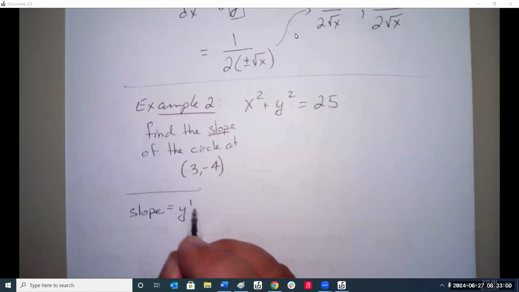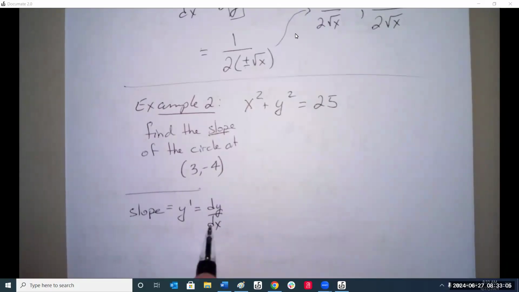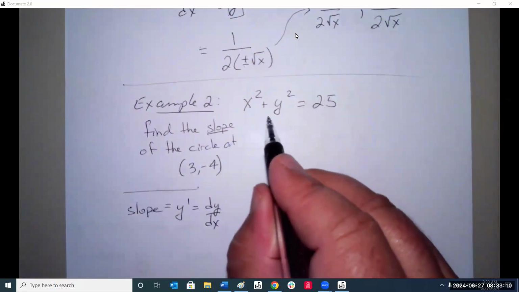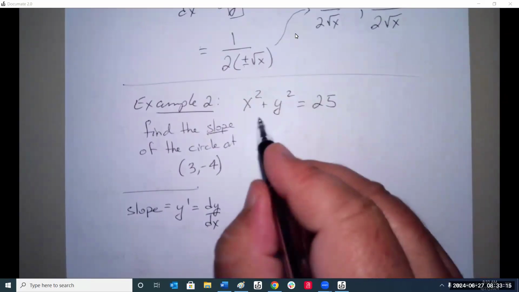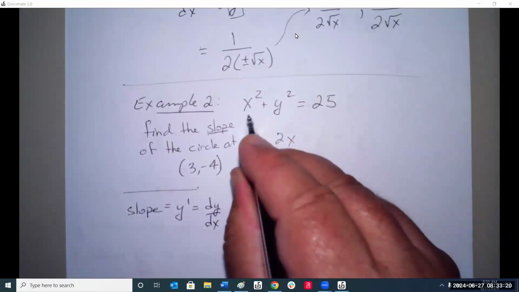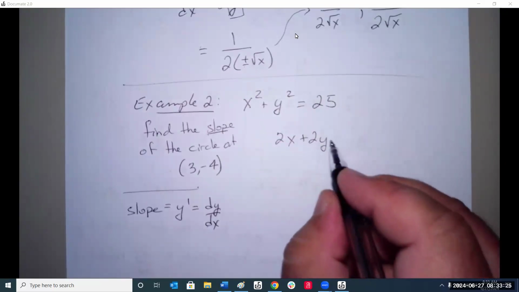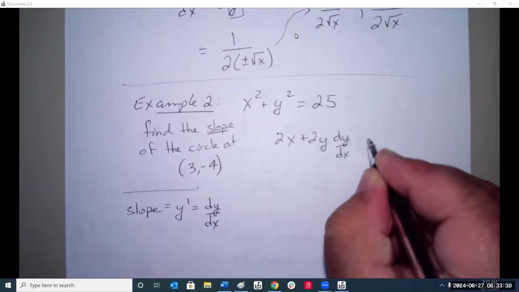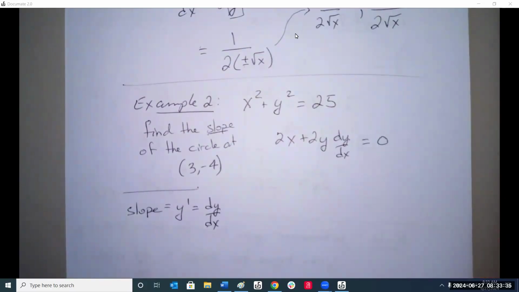The slope is the first derivative, or dy/dx. So that's what we have to solve for. Let's look at this equation and solve for dy/dx. Take the derivative of it. That gives us 2x plus 2y, but since we took the derivative of y, we have to put a dy/dx behind it. The derivative of 25 is 0.